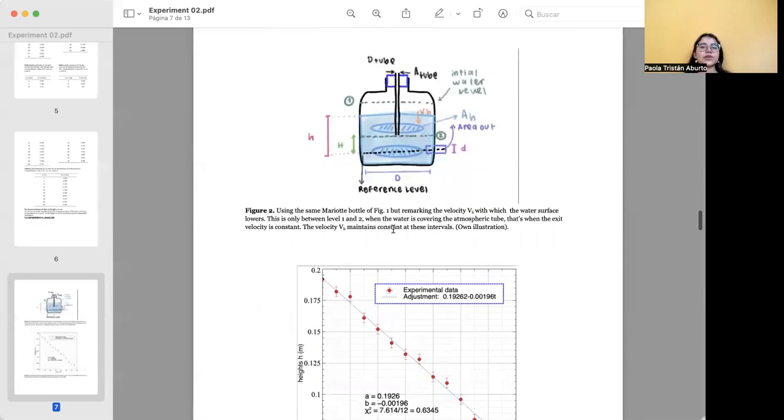Then for the experiment analysis, in this diagram, we included the velocity H, with the velocity H being the rate at which the water surface lowers.